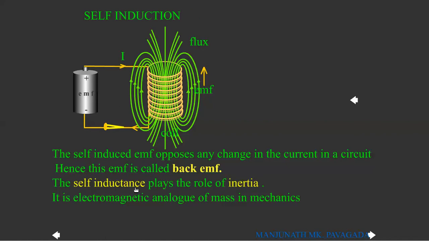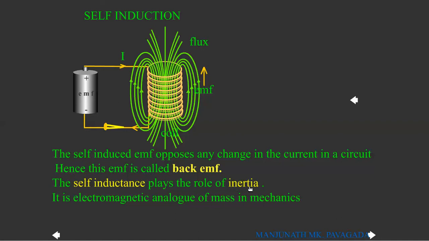The self-inductance plays the role of inertia. So here the EMF is induced due to a property of this coil, known as self-inductance. That we will discuss in the next scene. The self-inductance property of this coil doesn't like the change in current. It plays the role of inertia. Mechanical inertia doesn't like change in velocity of a body.